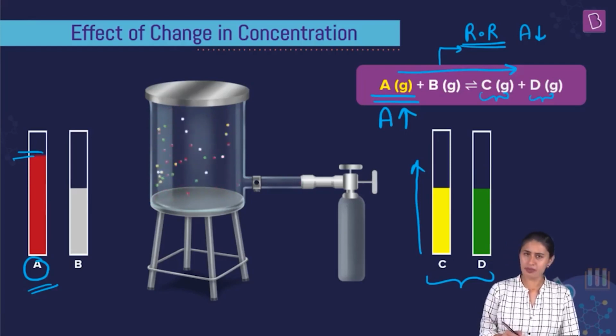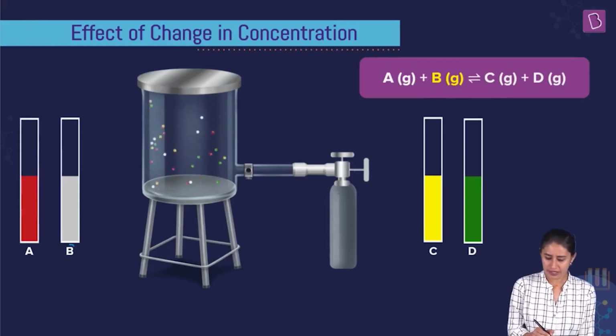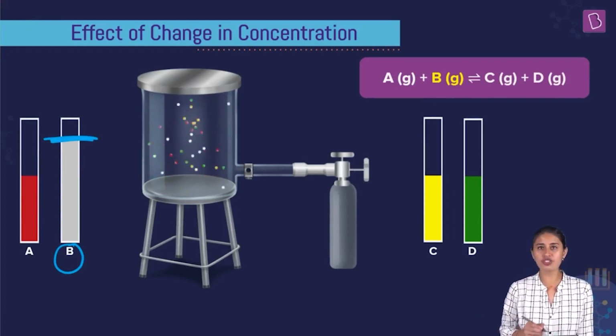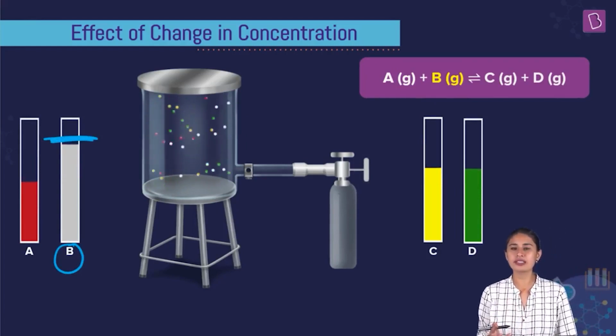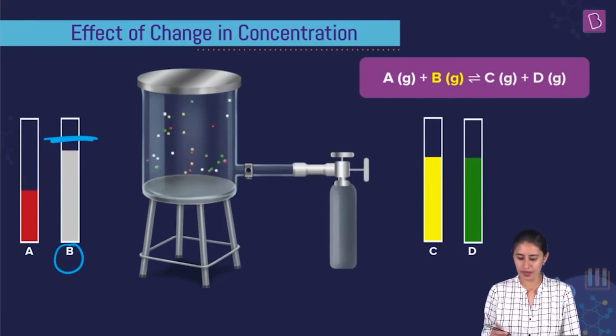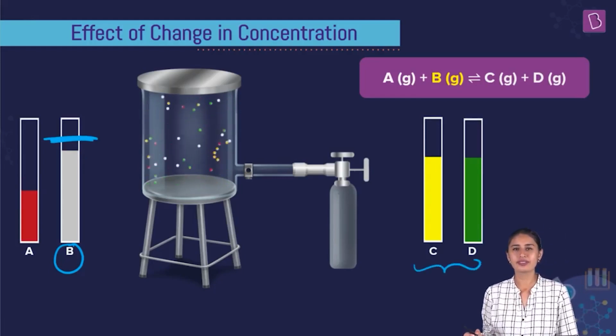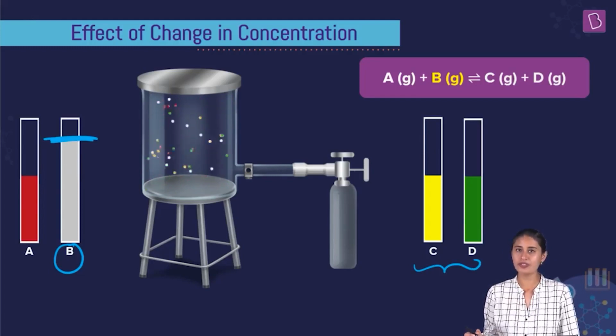Next case, similar scenario with B now. We are increasing the concentration of B. Again, the reaction will respond in such a way that the reaction goes forward. And what happens?